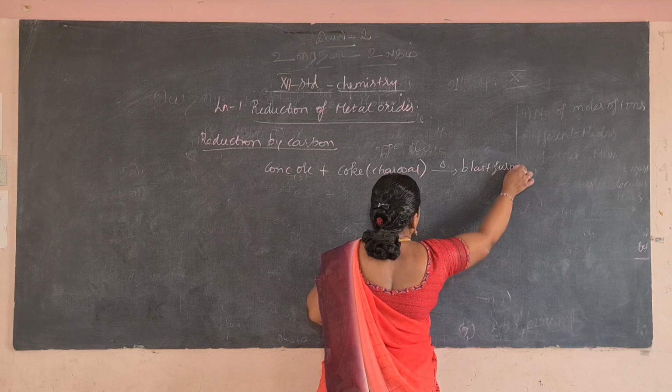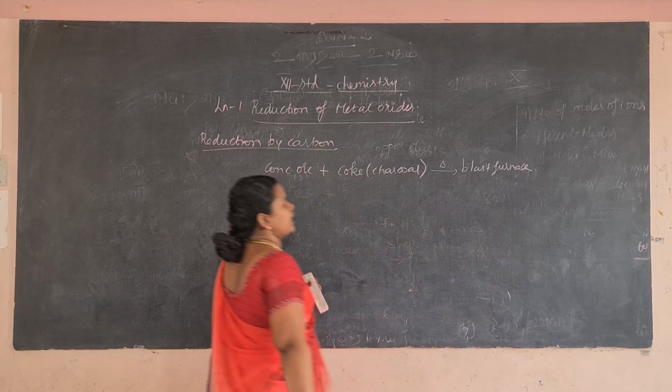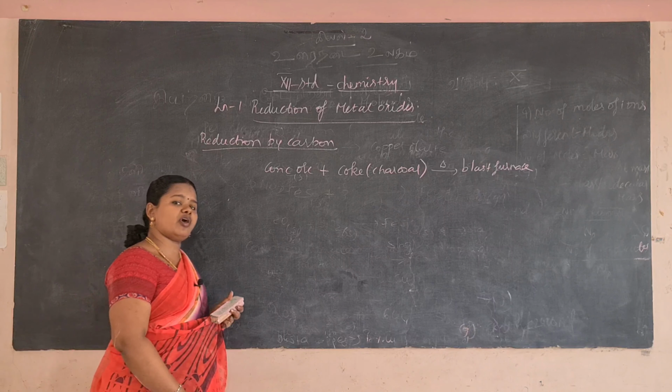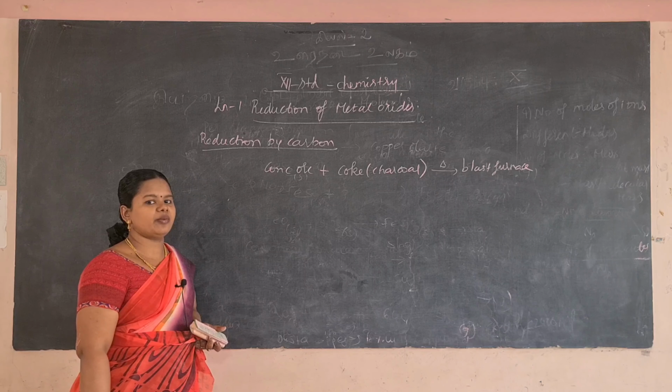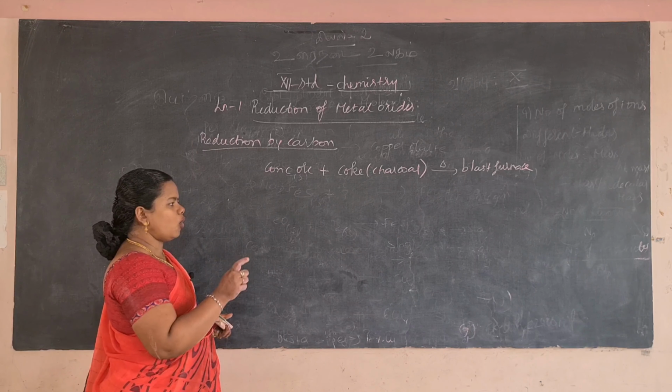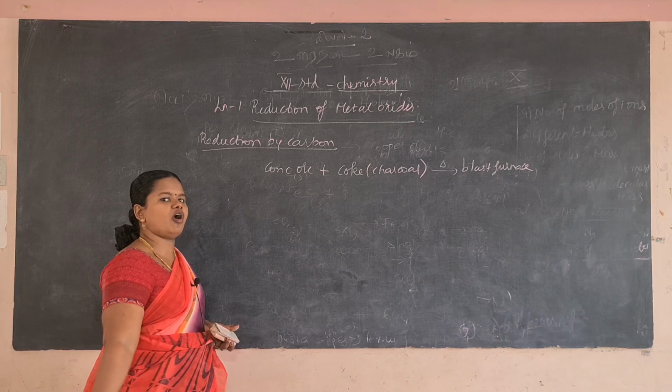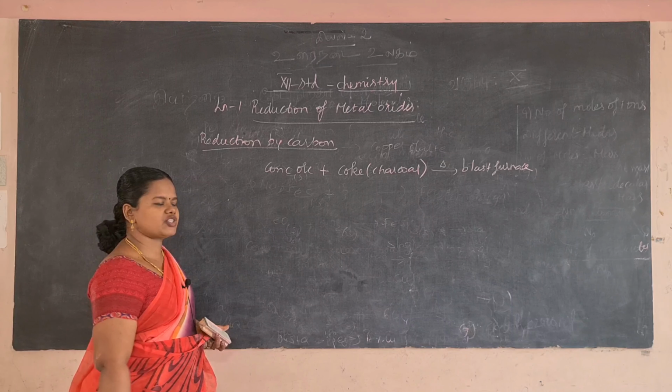Now this method is applied to those elements that do not form carbides at reduction temperature. So this coke or charcoal must be applied only to those metals that won't form carbide at reduction temperature.